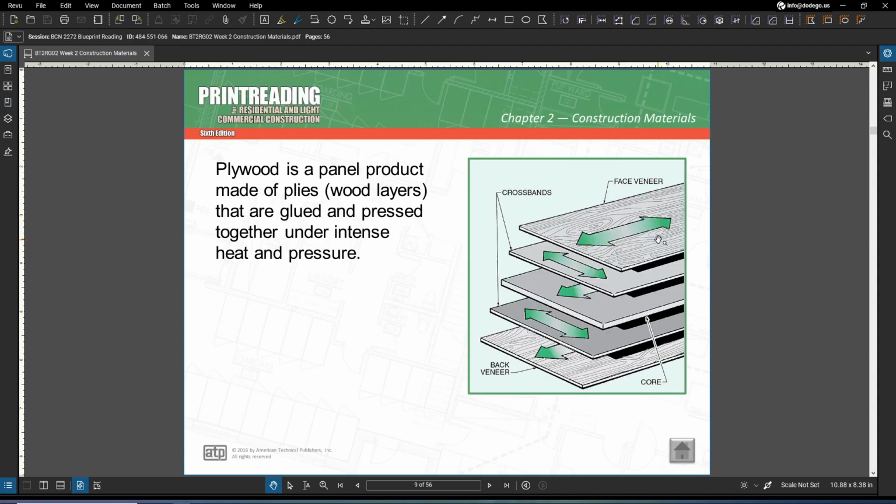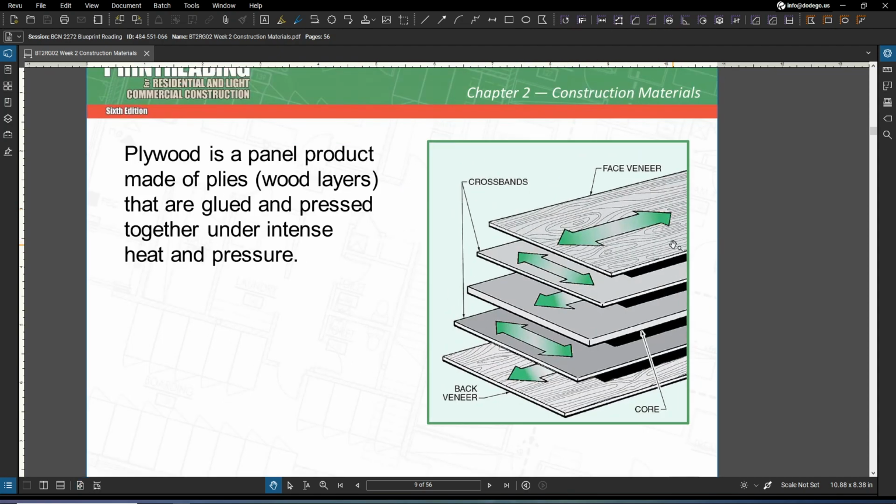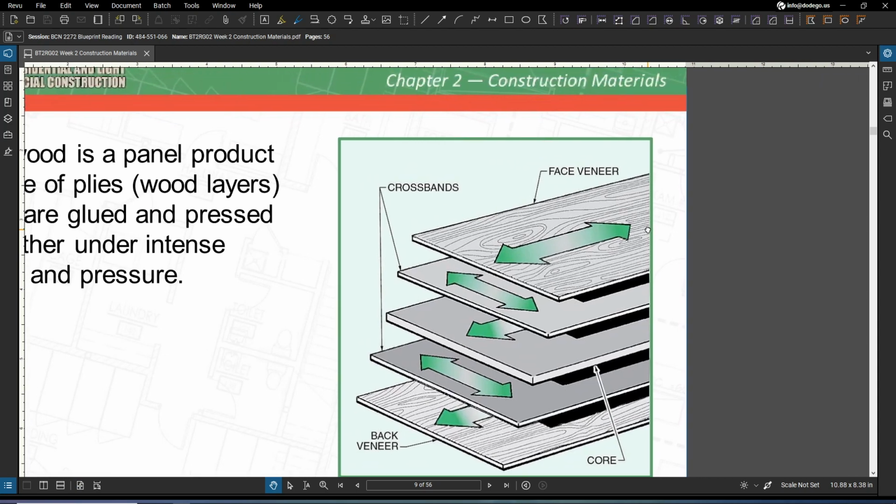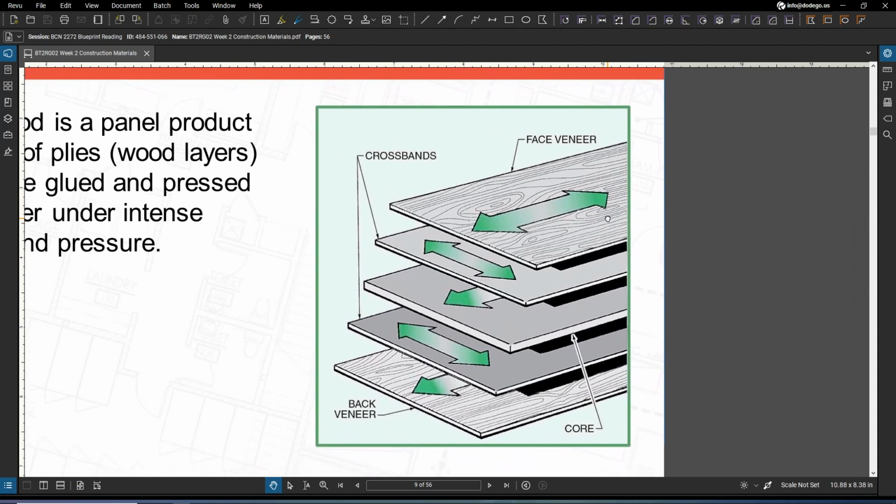Now, plywood, that's going to be a panel product made of plies or wood layers. These are going to be glued and pressed together under intense heat and pressure, and that plywood contains an odd number of plies, generally 3, 5, or 7 plies, depending upon the panel thickness.